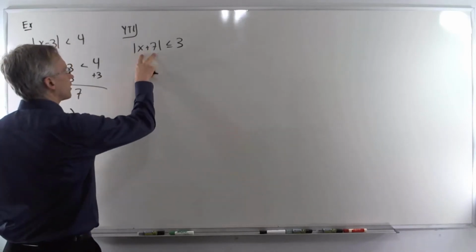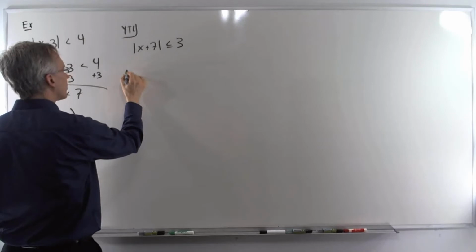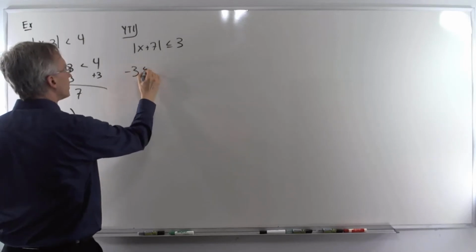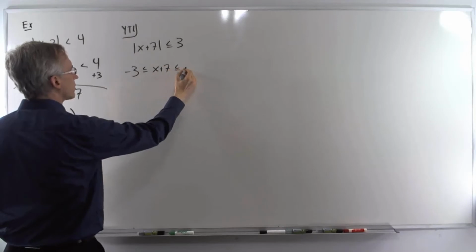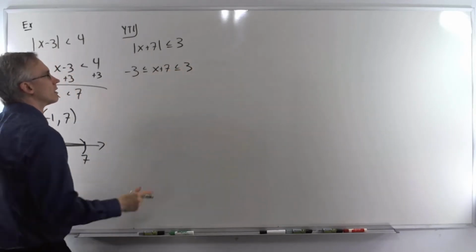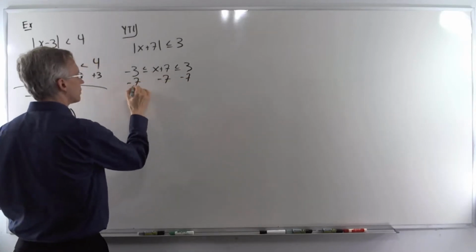All right, so our inequality is less than 3. So we can turn this into an AND inequality. -3 less than or equal to x plus 7, less than or equal to 3. All right, now we've got to get rid of that 7, so I'm going to subtract that from all 3 parts.